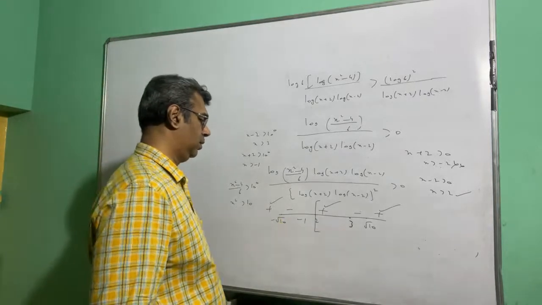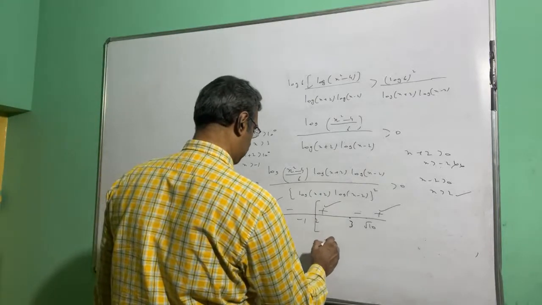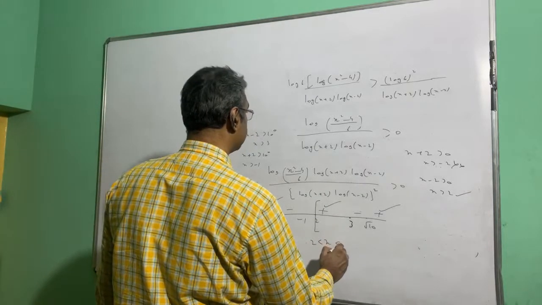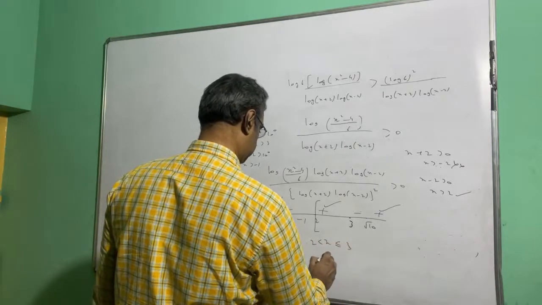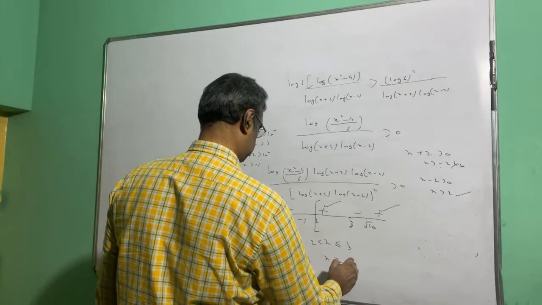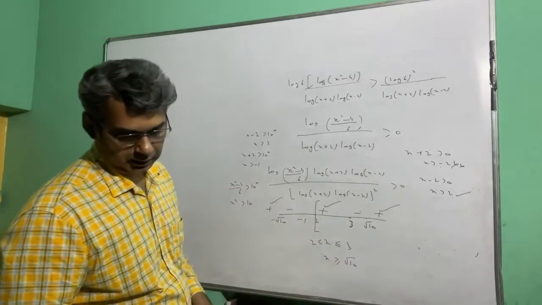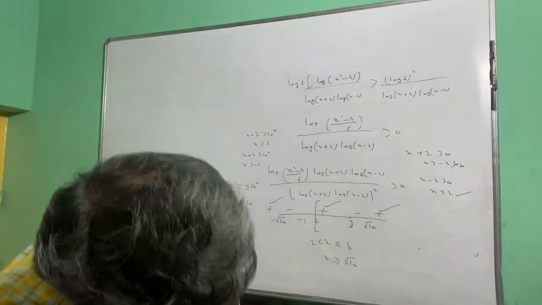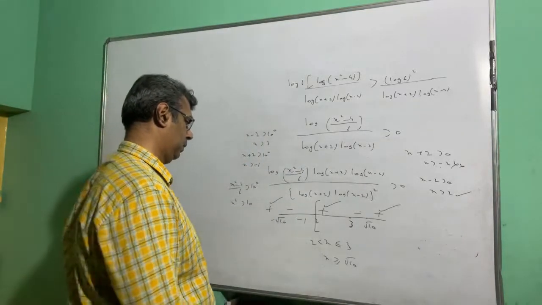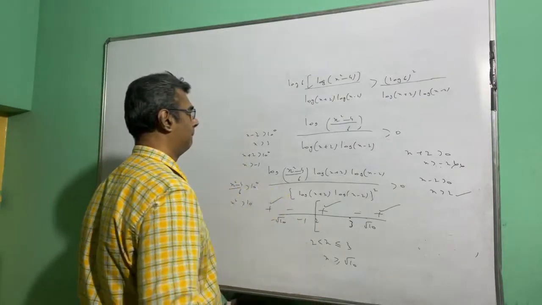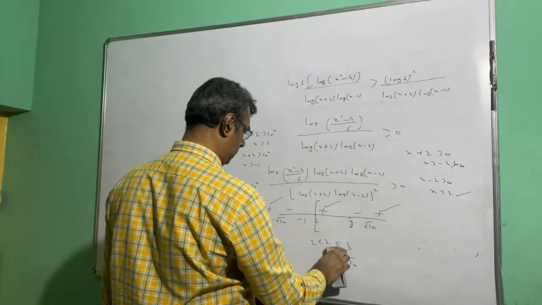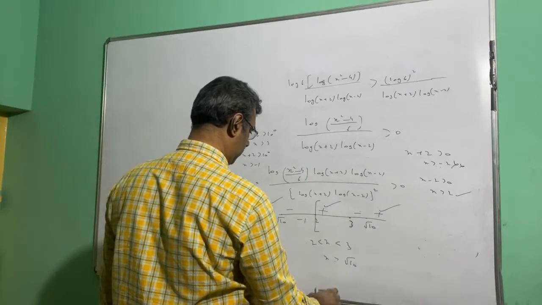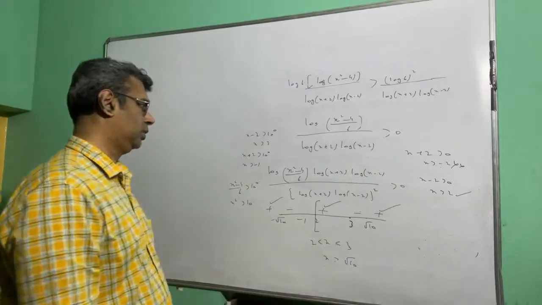So the final answer of this sum is that x will be between 2 to 3. Actually this is greater, not greater than or equal to, so there won't be any equal to sign. So x will be greater than root 10 or between 2 to 3, right?